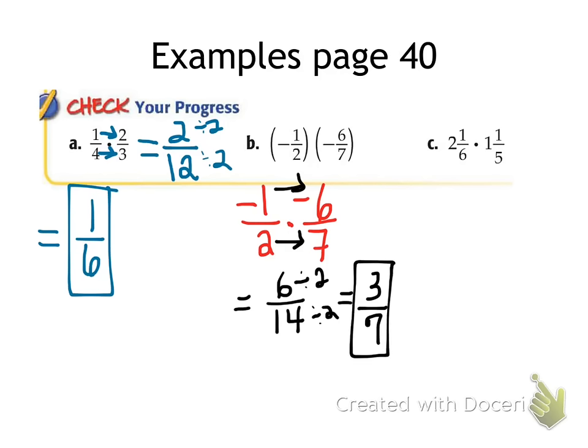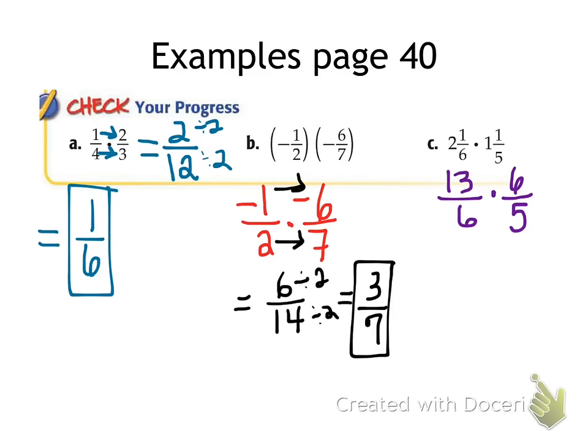Now for part C, we've got to do a little bit more work. In part C, they give us mixed numbers, so we've got to make them improper fractions first. To do that, 6 times 2 is 12, plus 1 is 13/6, times 5 times 1 is 5, plus 1 is 6/5. Alright, so multiplying 13 times 6.